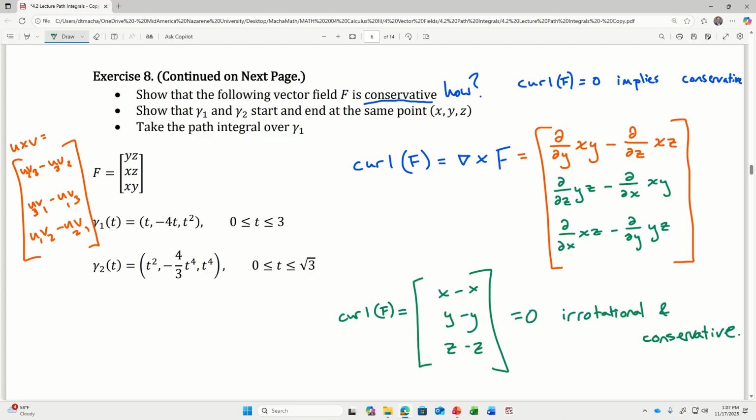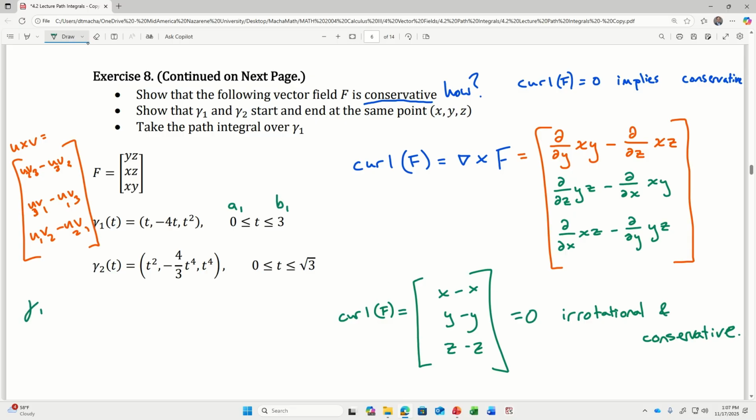Bullet point number 2 says, show that gamma 1 and gamma 2 start and end at the same point. So I've got A1 as 0, B1 is 3.